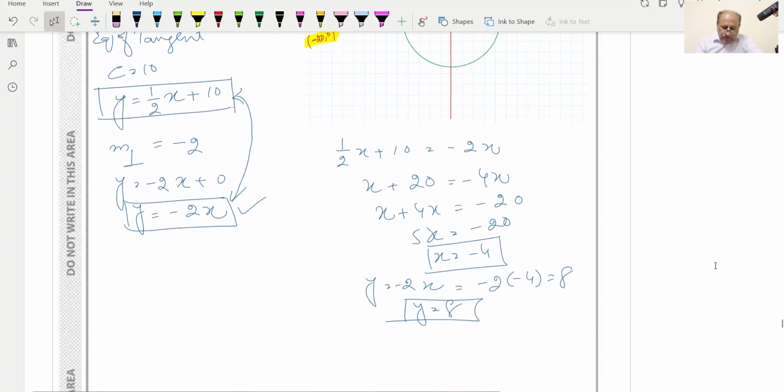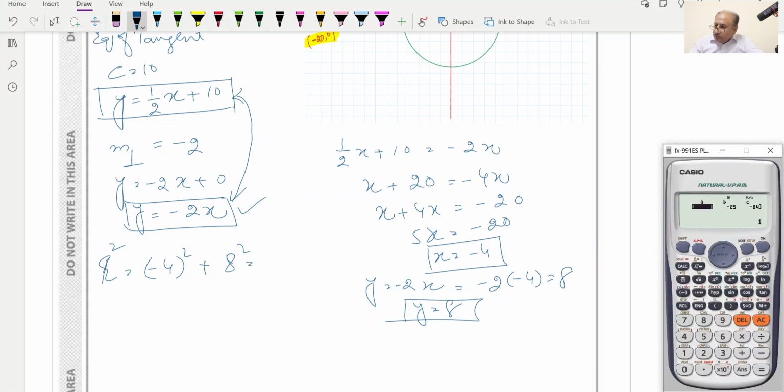Now we can find the radius directly. r will be equal to what? The x coordinate squared, which is minus 4 squared, plus 8 squared, and if we take r squared, this will be equal to minus 4 squared, which is 16, plus 8 squared, which is 64, and this is equal to 80.